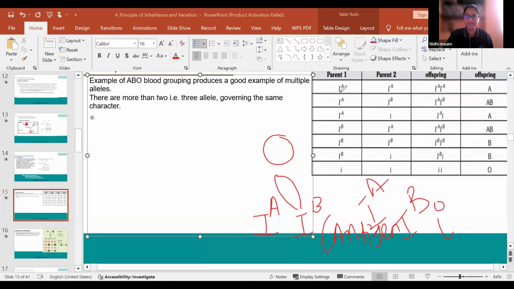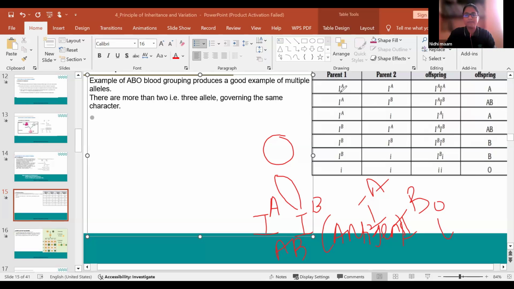RBC ಮೆಂಬ್ರೇನ್ ಮೇಲೆ I raised to A ಗ್ಲೈಕೋಪ್ರೋಟೀನು ಇದೆ, I raised to B ಗ್ಲೈಕೋಪ್ರೋಟೀನ್ ಅಥವಾ ಆಂಟಿಜನ್ ಇದೆ. So that time here A and B will be expressed. A, B ಎರಡು ಎಕ್ಸ್ಪ್ರೆಸ್ ಆಗಿ the blood group of that person will be AB. So ಇಲ್ಲಿ A dominant to B recessive ಆಗಿ A ಅಷ್ಟೇ ಎಕ್ಸ್ಪ್ರೆಸ್ ಆಗೋದಿಲ್ಲ.